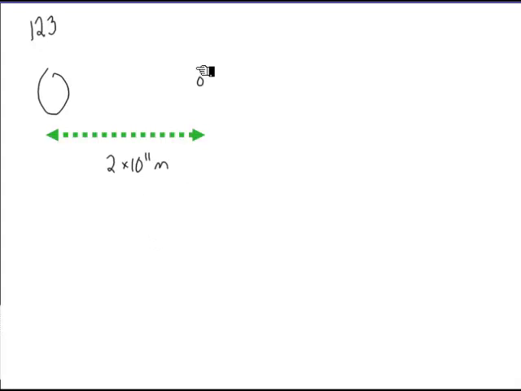And they tell us this orbital speed, so this is some tangential velocity that has a magnitude of 24 kilometers per second. Okay, and 123 asks, what if this radius was halved, basically, so that it's only 1 times 10 to the 11th meters?